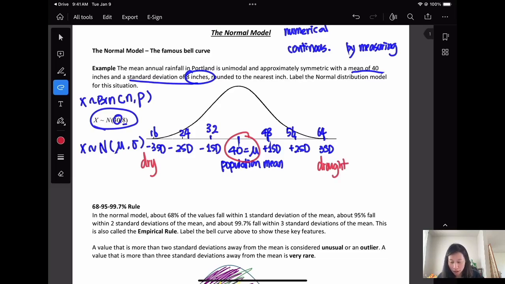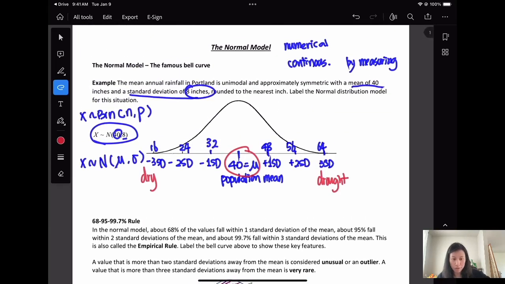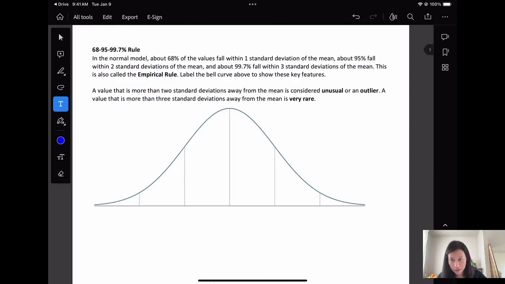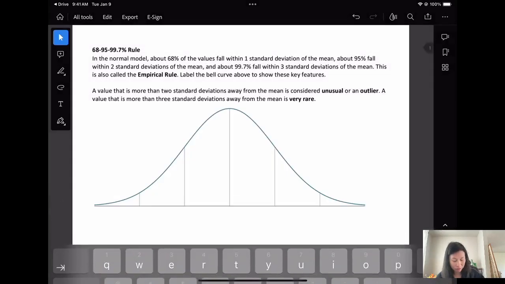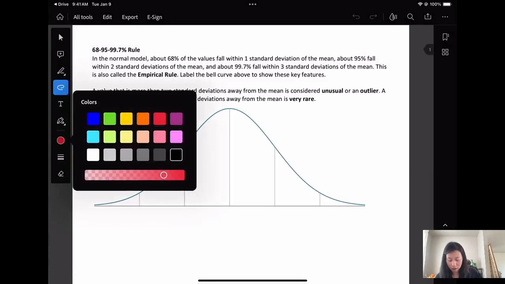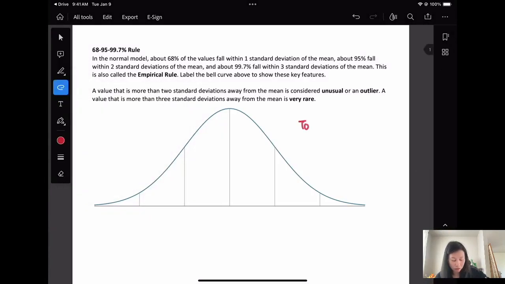Okay, so the second part is the 68, 95, and 99.7% rule. In a normal distribution, 68% of the values fall within 1 standard deviation of the mean. What does that mean? When you're looking at the curve, the total area is equal to 100%.